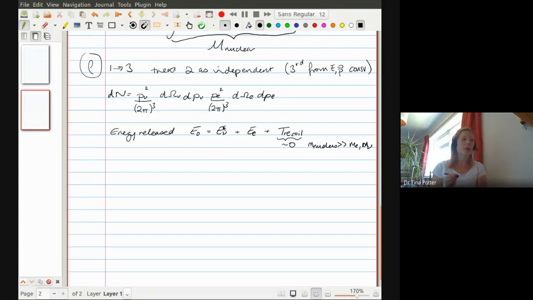Now let's have a look at the density of final states for a given electron energy, and then we can integrate over all electron energies. So for a given electron energy, the change in the energy released is just going to depend on the change in the neutrino energy.